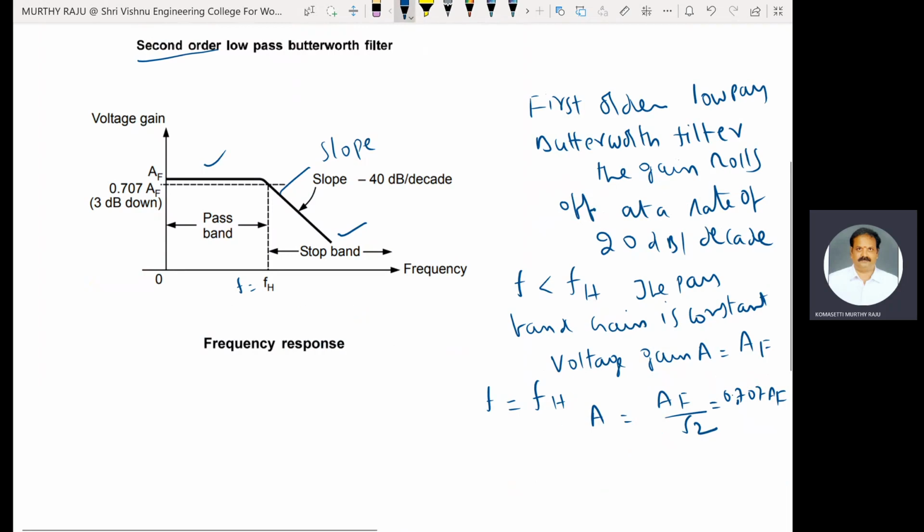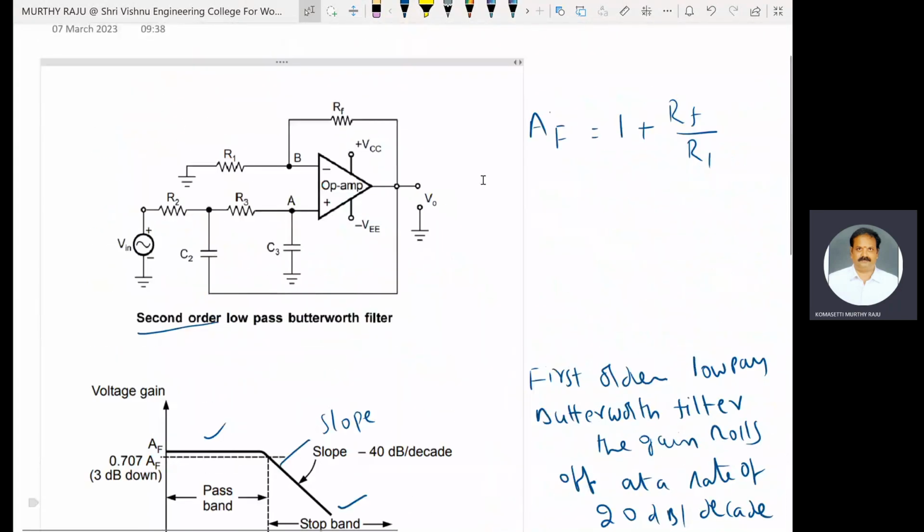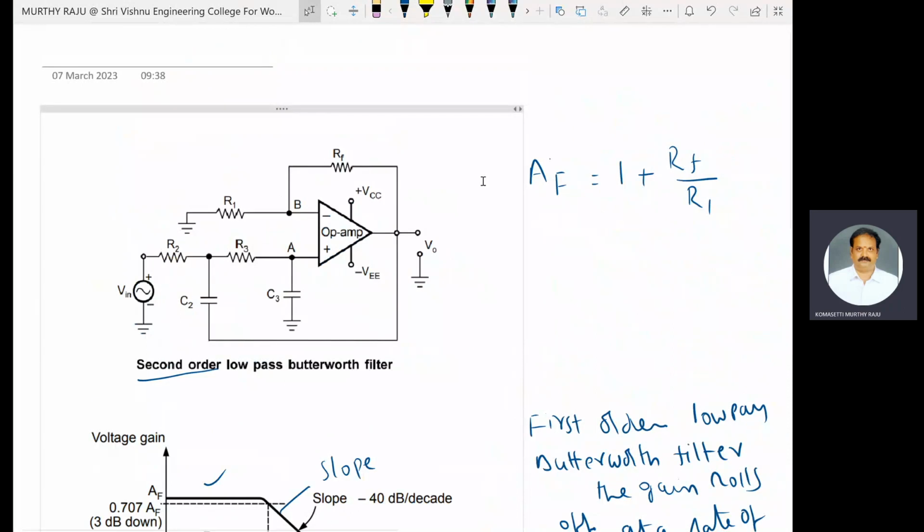At f greater than fH, the slope of the frequency response after f is equal to fH is minus 40 dB per decade for the second order filter. This is the frequency response of that second order filter. Now, analysis of second order low pass Butterworth filter.